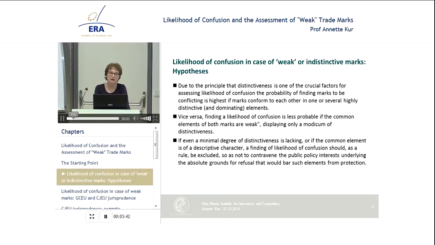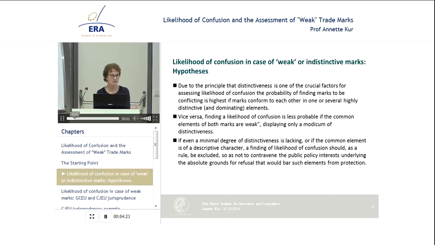This is not something that we can find in the written law, at least not in the statements that were quoted on the first slide, but it seems to be a result of systemic logic applied to what was said before. Because after all, if marks are not distinctive, and definitely if they are descriptive, then we know that there is a need to keep those elements free. That has been spelled out expressly with regard to descriptive marks or descriptive signs, and it's certainly also true to some extent for marks that are simply found indistinctive.